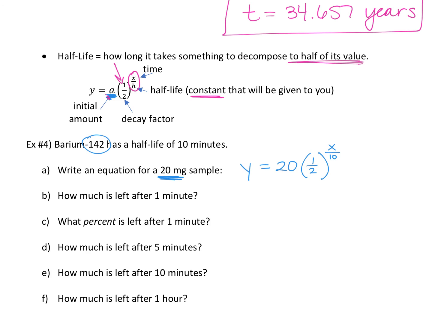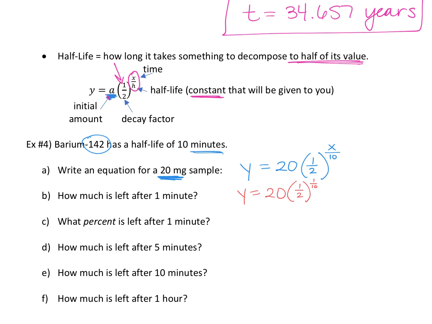Okay, it says how much is left then after 1 minute? Okay, and we're working in minutes here. So all you're going to do is plug in a 1: y equals 20 times 1/2 to the 1 over 10. Now this time you have to plug in that 1, right? Because that's the fraction 1/10. It's not saying times 1. It does change what you're doing with it.